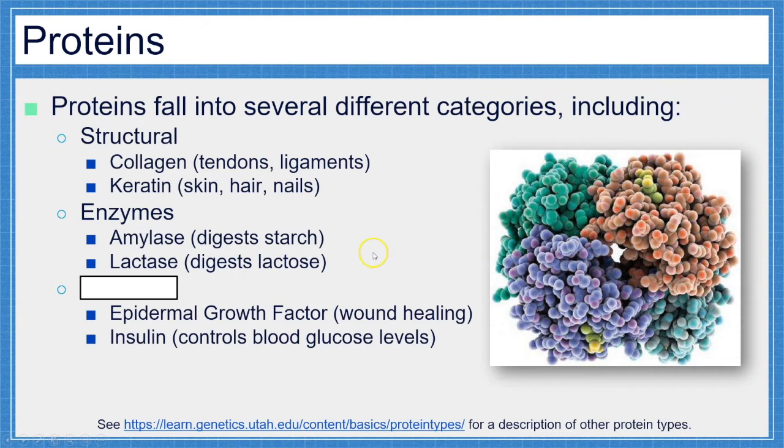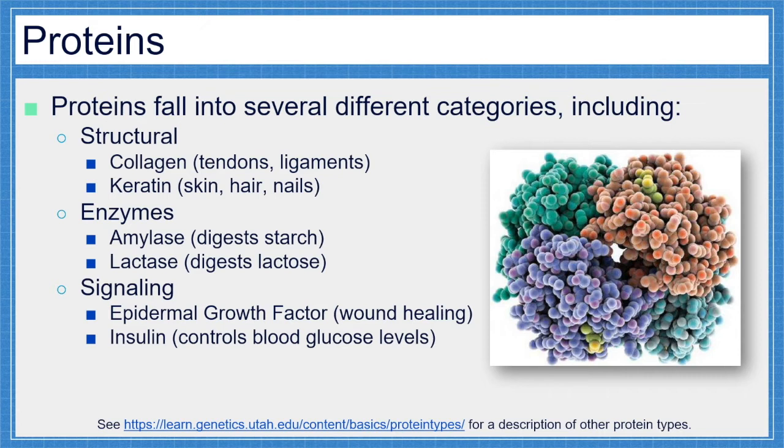So those are two kinds, and then a third kind you might be talking about could be signaling proteins, and these are things like hormones as well. So you've got something called epidermal growth factor, which if you cut yourself, is a protein that needs to be activated to help tell your skin cells that they need to start making more of themselves so they can heal the wound.